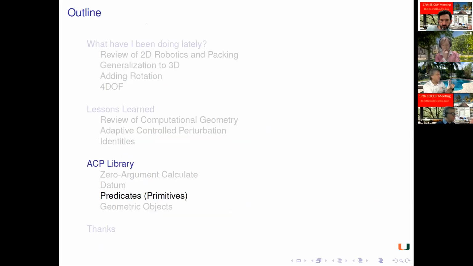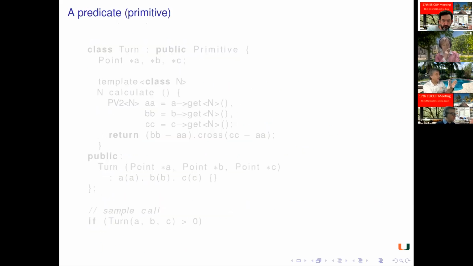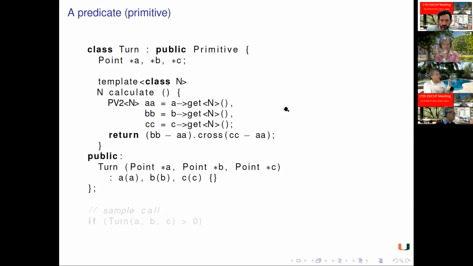So you remember that we had that turn predicate, and for technical reasons, we have to call it a primitive. So it's the turn primitive, that's really the turn predicate. And here's its calculate method. The calculate method, like I said, has to be templated by a number type and have no arguments.